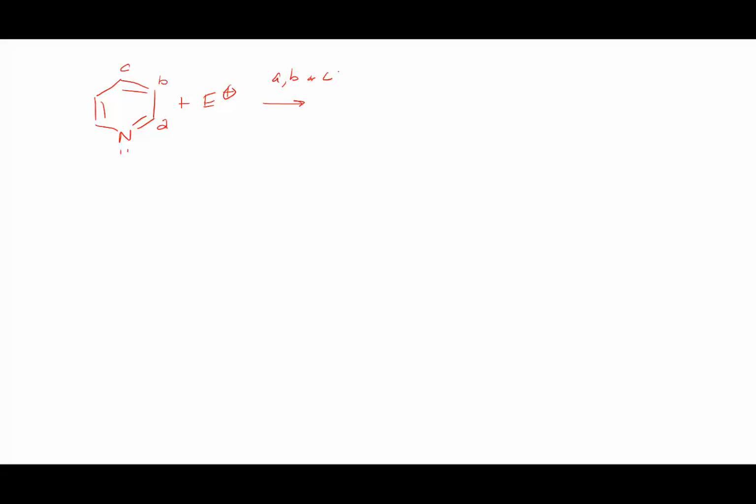So that sounds like a pretty tedious thing to do here, and I think our class time is more valuable. So I think we will make this a take-home quiz for Friday. What would I like you to do? I'd like you to add E plus to A, write all the resonance structures. Add E plus to B, write all the resonance structures.